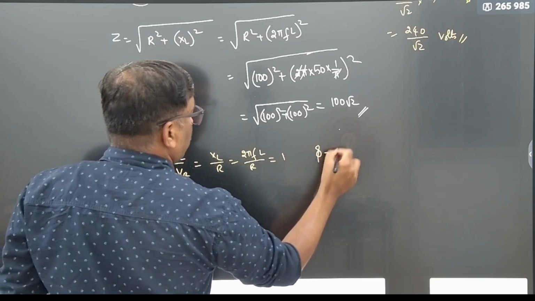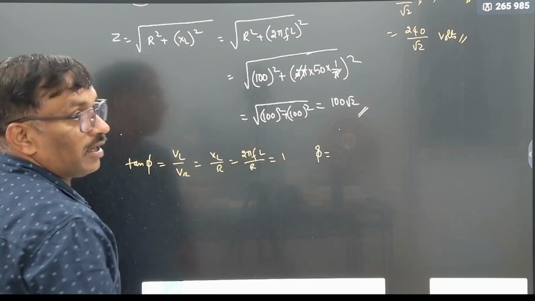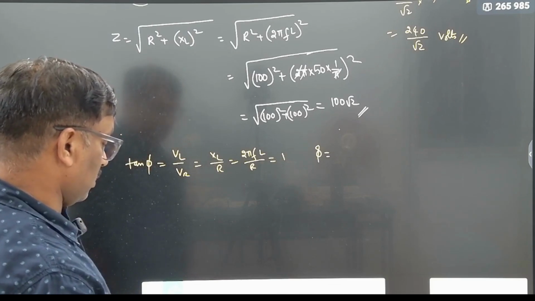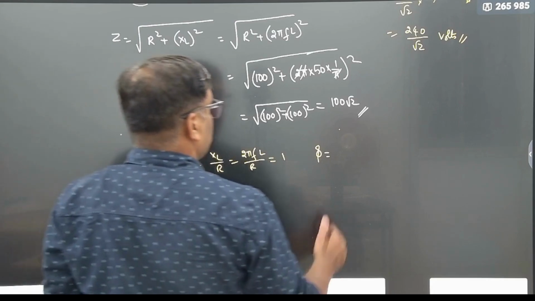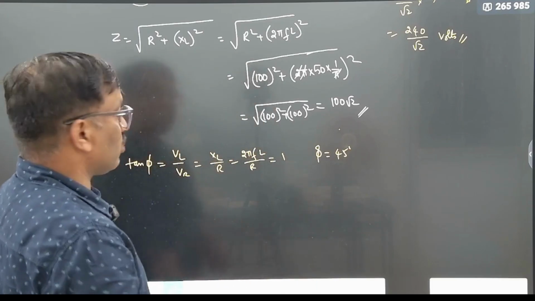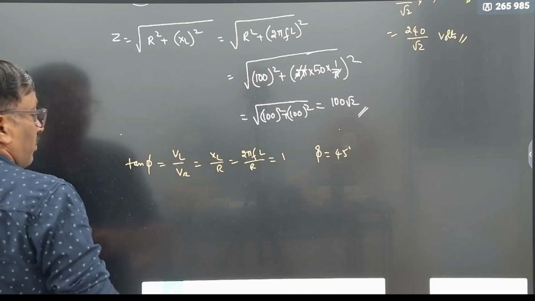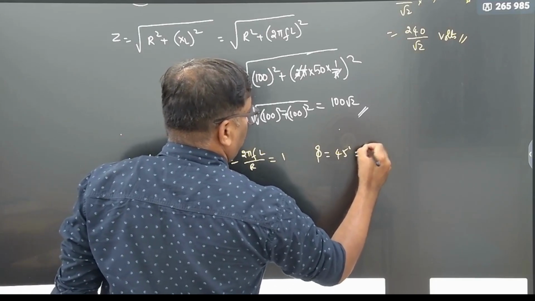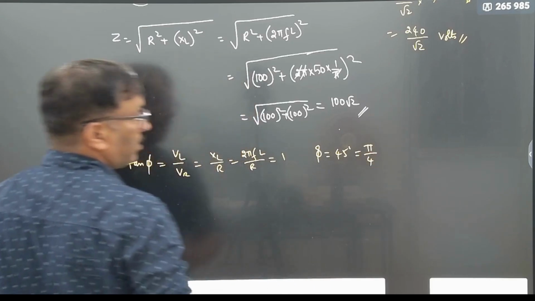So phi will be equal to tan inverse of 1. When will it be that now? 45 degree, right? So tan 45 is equal to 1. Therefore phi is equal to 45 degree. 45 means how much now? So pi by 4. Clear?